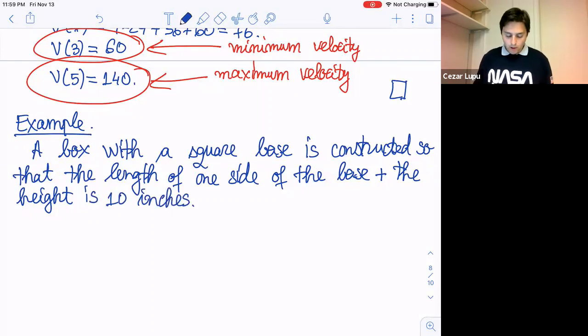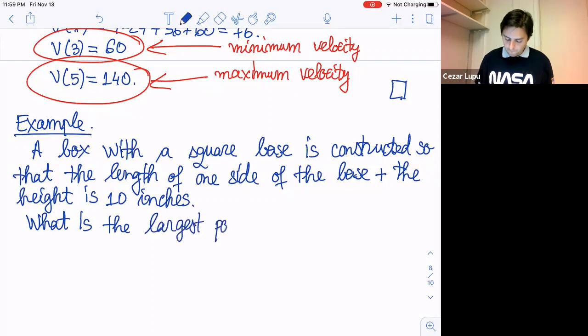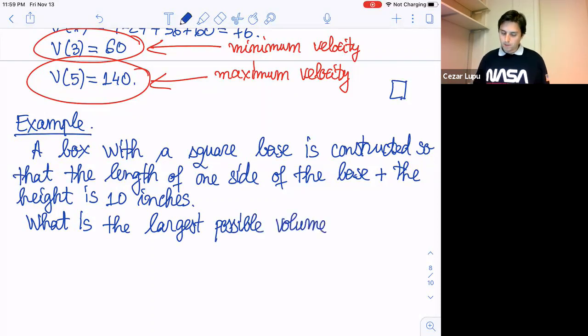Now we're asked what is the largest possible volume of such a box.